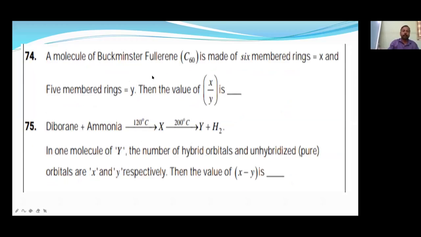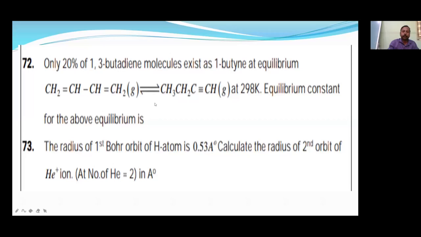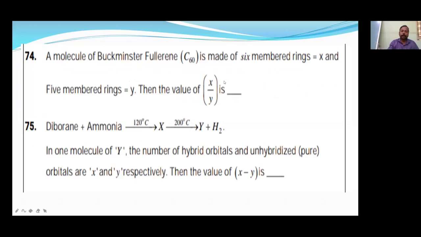A molecule of Buckminsterfullerene. In the next question, Buckminsterfullerene 6-membered rings are X and 5-membered rings are Y. 20 is the number of 6-membered rings. As a memory technique I told you, you will remember 26 January.